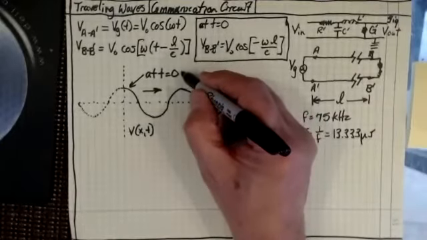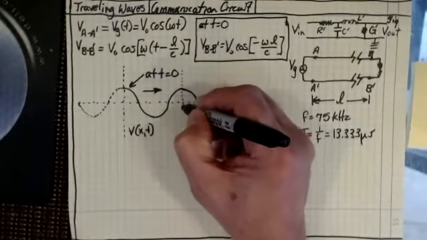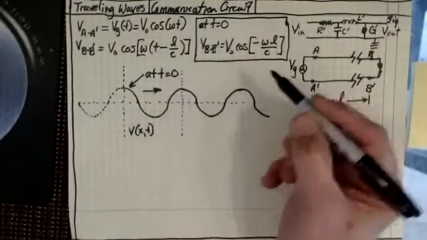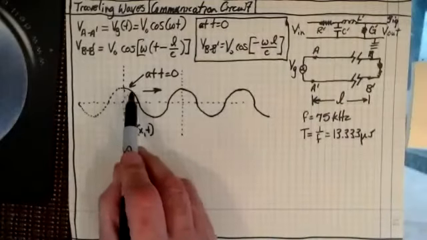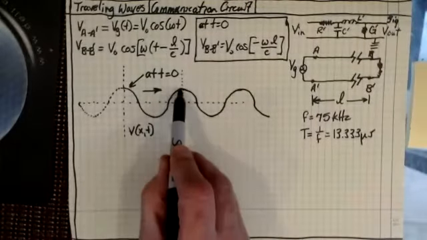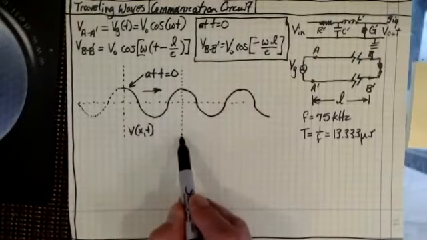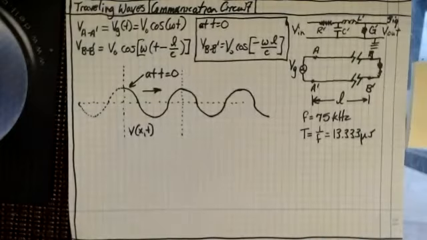So here would be my first cycle. Does everybody see that? I'm going from 1 down and back up, so that completes my first cycle right there. So that would take 13.33 microseconds.